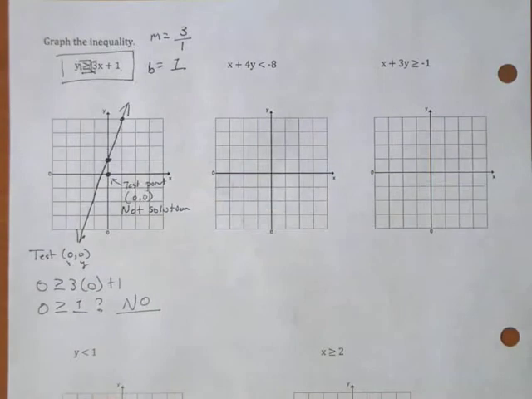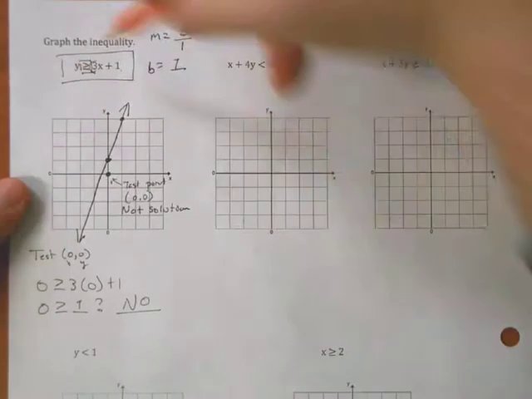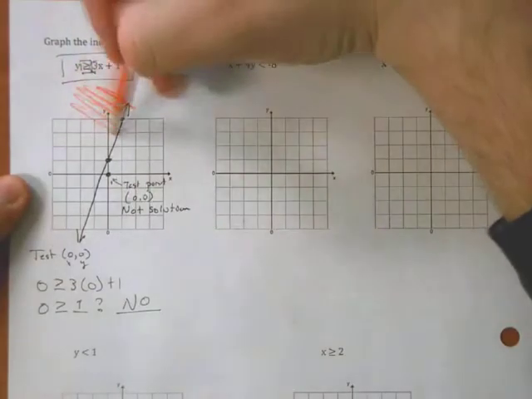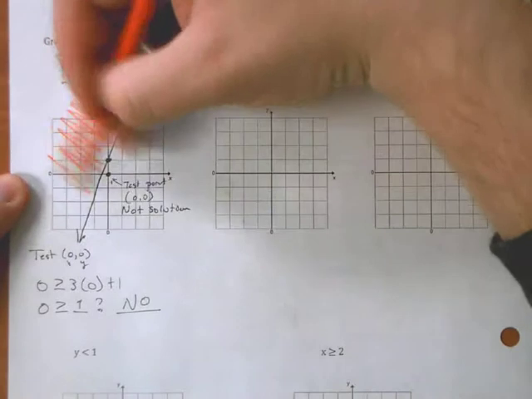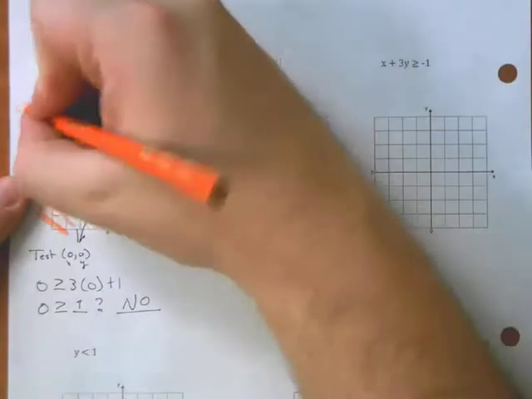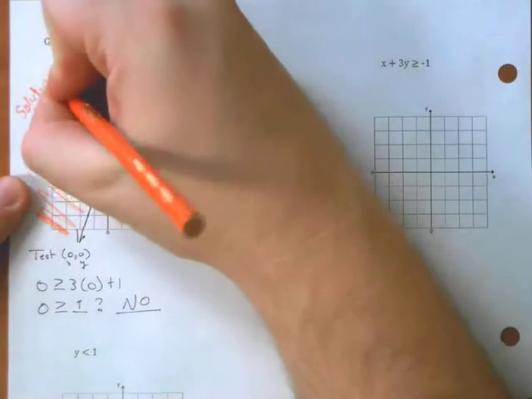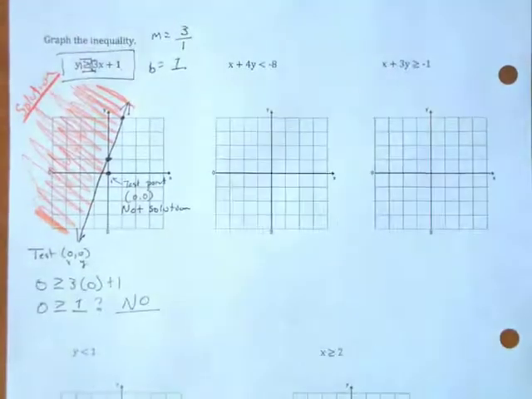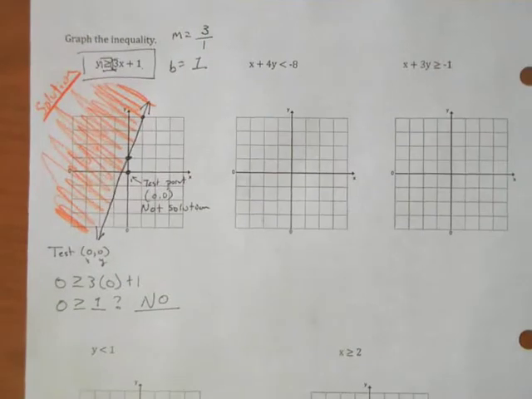Then where are the solutions if that's not one? On the other side of the line. So the solutions are everything on the other side of the line.